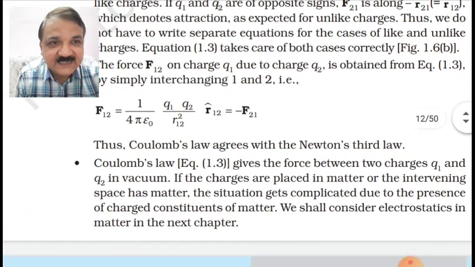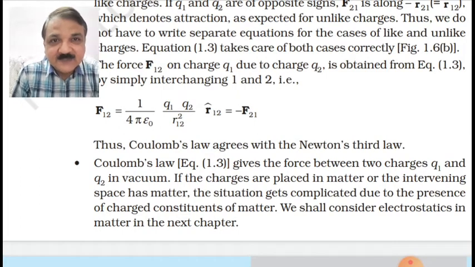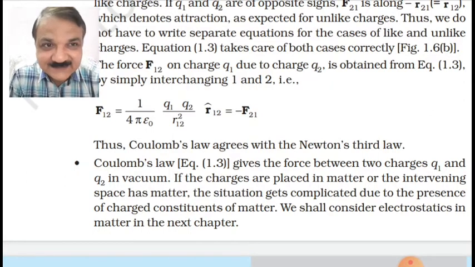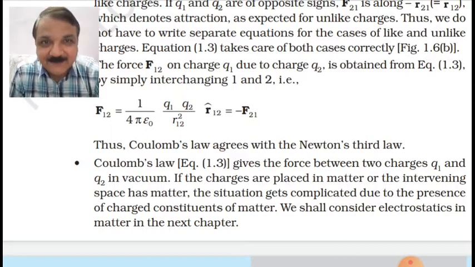Now, as you know that there is a law which you have studied in your previous classes, action and reaction: every action has equal and opposite reaction, which is Newton's third law.